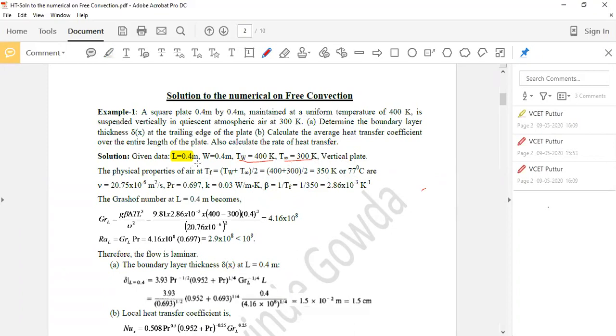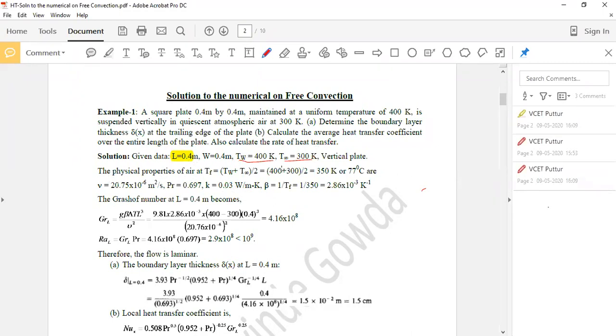So for vertical surfaces, you have to remember that characteristic length is always the height of the plate or height of the cylinder. So therefore, for vertical plate, this L will be the characteristic length upon which you have to calculate all Grashof number, Rayleigh's number, then the local or average heat transfer coefficient, etc.